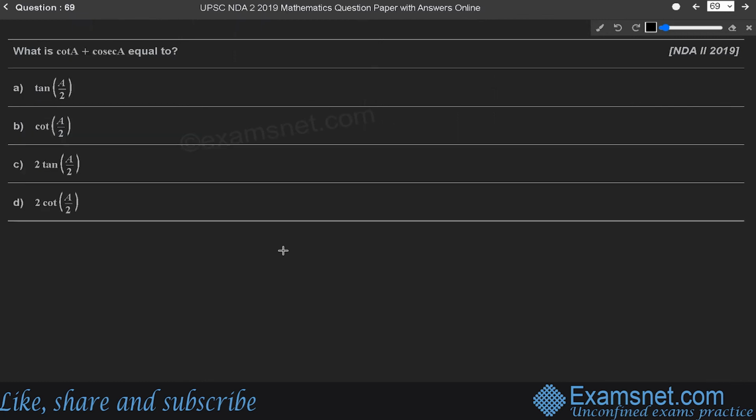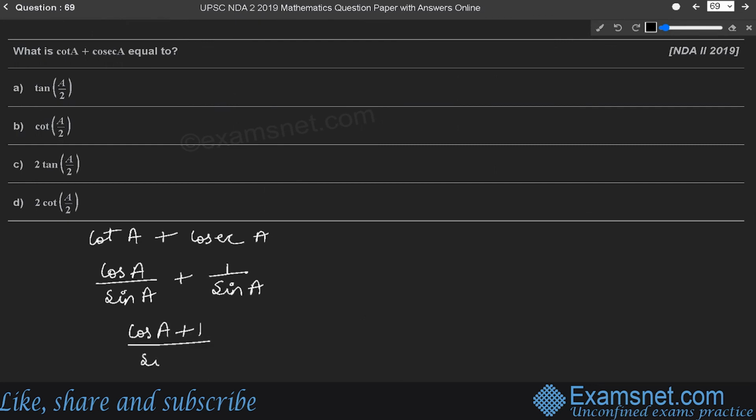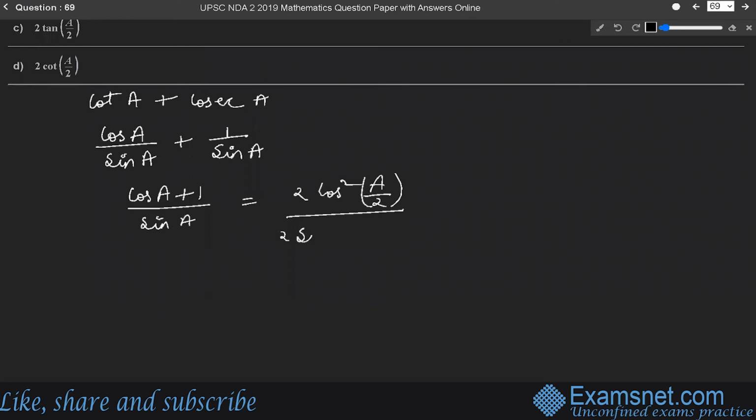Moving on to the next question, which is also from trigonometry. What is cot A plus cosec A equal to? We know that cot A can be written as cos A upon sin A, plus cosec A can be written as 1 upon sin A. Therefore, this will be cos A plus 1 divided by sin A. So this will be equal to 2 cos square A by 2 divided by 2 sin A by 2 into cos A by 2.